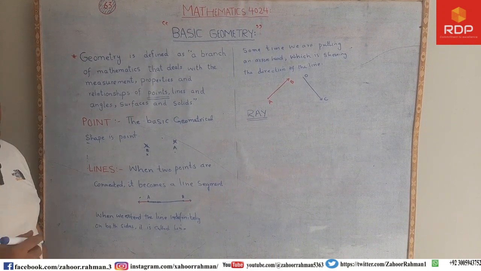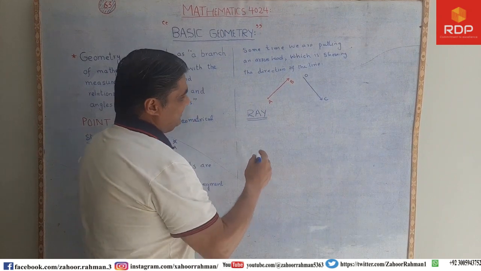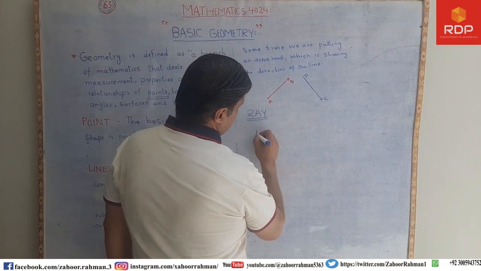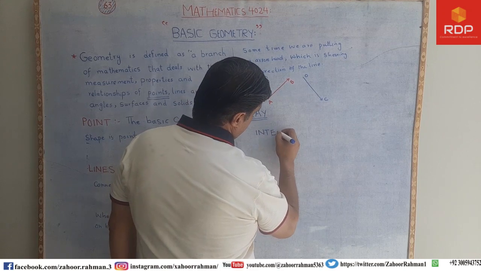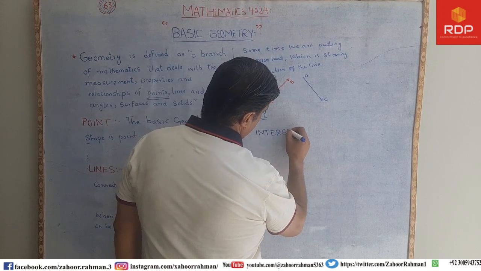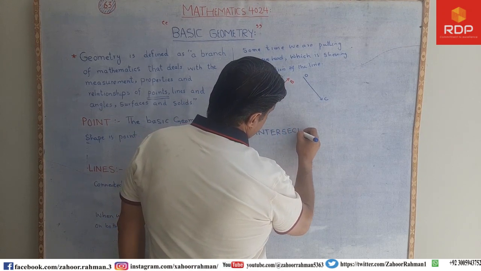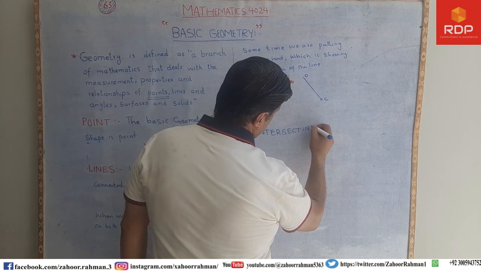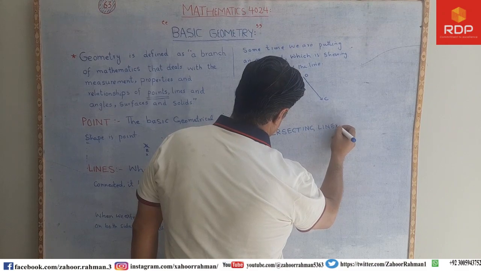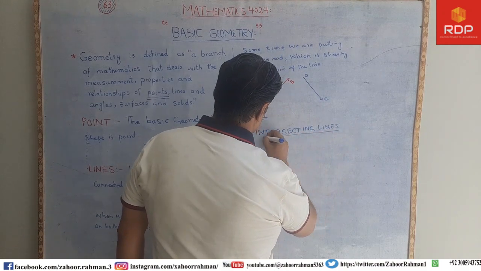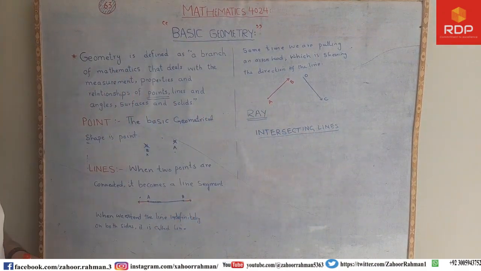Next, we have intersecting lines. So, what are intersecting lines? We have to understand that first.